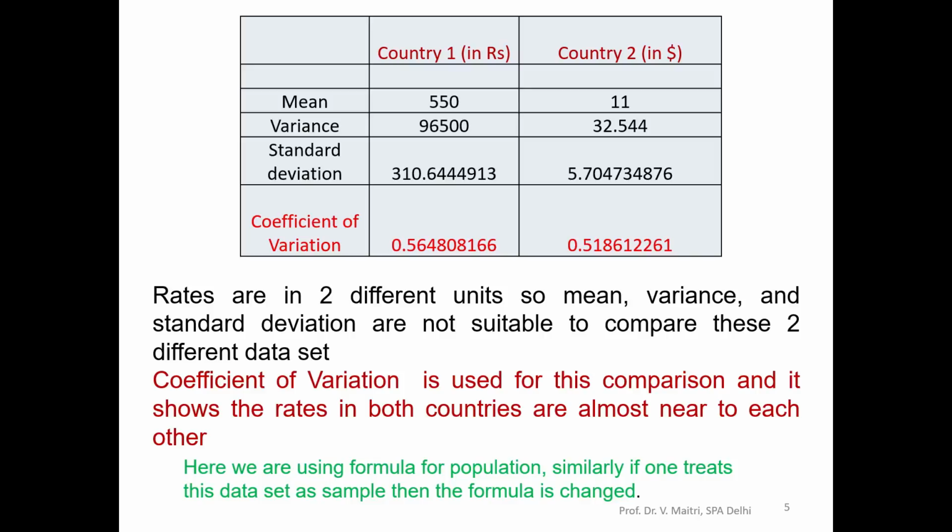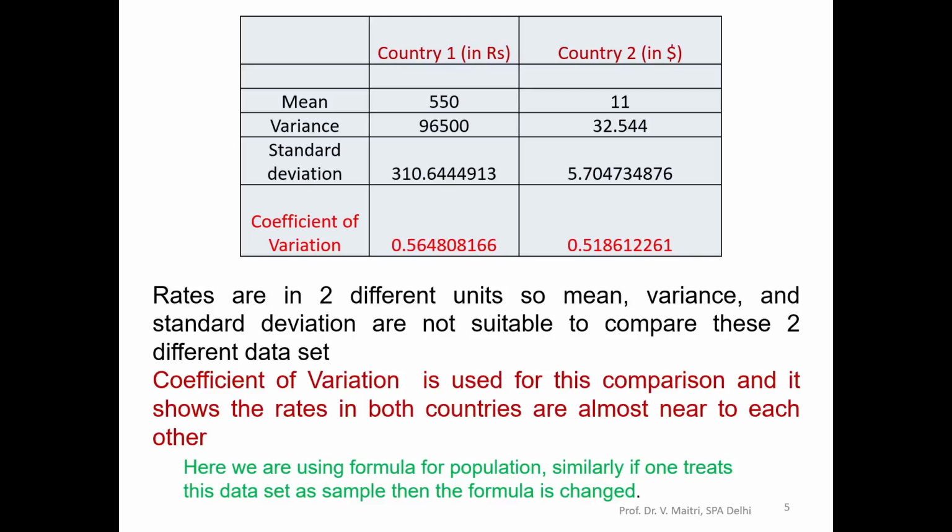So there is a difference. Irrespective of unit, it is a very big difference. Then the variance for India is 96,500, and for the US it is 32.544. So again there is a very big difference.